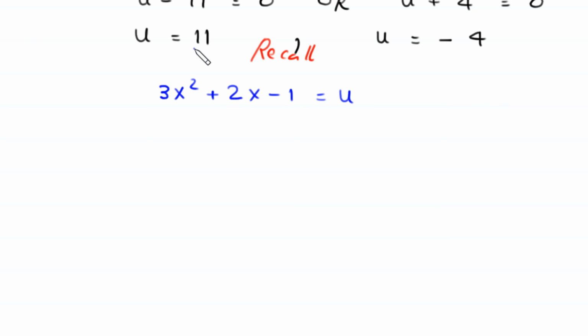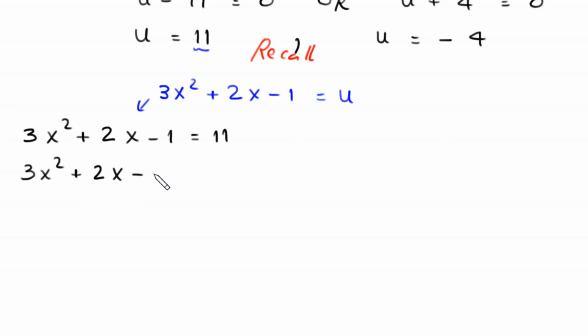So when u is 11, this will become 3x squared plus 2x minus 1 equal to 11. Move this 11 to the left hand side. This will become 3x squared plus 2x minus 1 minus 11 equal to 0. Further simplify, this will become 3x squared plus 2x minus 12 equal to 0.